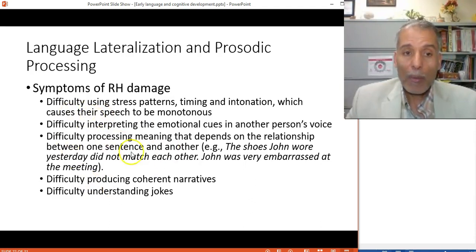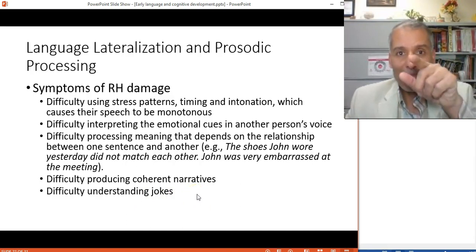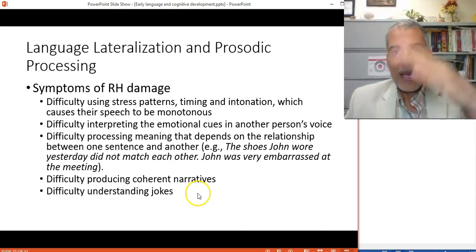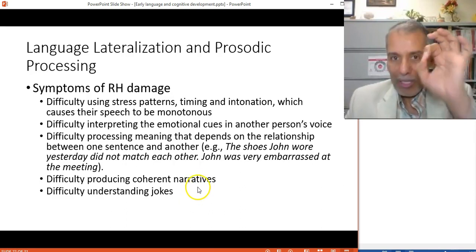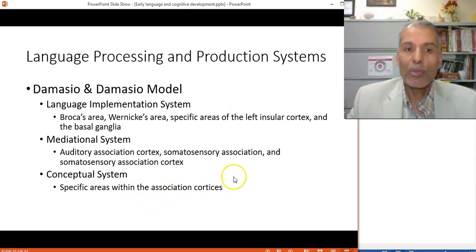These are just examples that right hemisphere damage people exhibit. And the difficulty with jokes is that you have to build up, and come to a punchline and bang. And if you don't get it and you don't time it right, then you lose. You have lost the meaning. So people with right hemisphere damage do not have that.